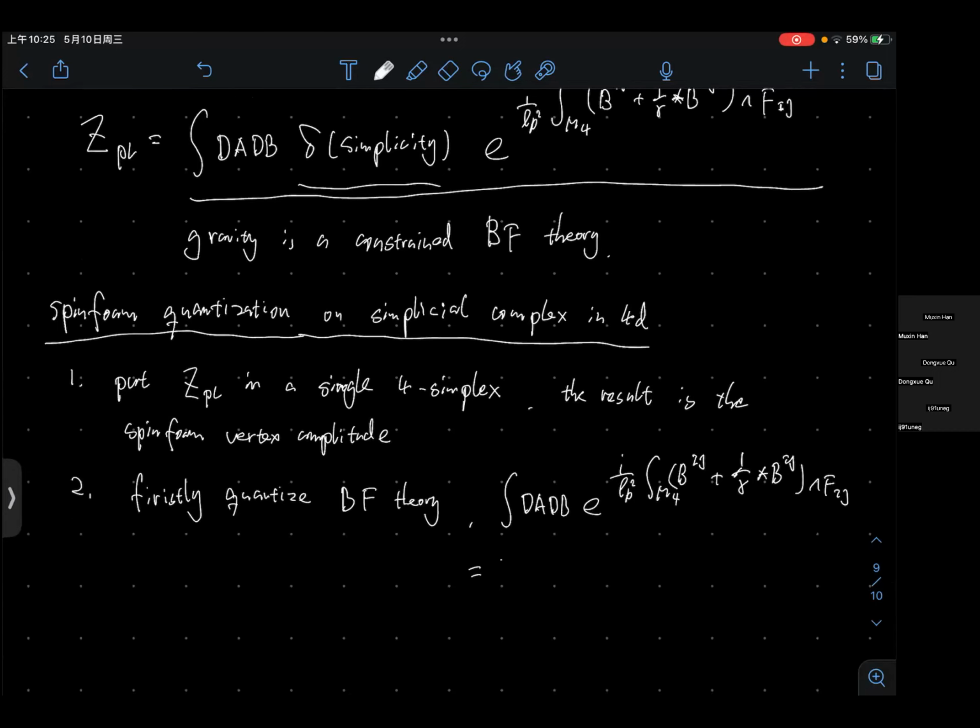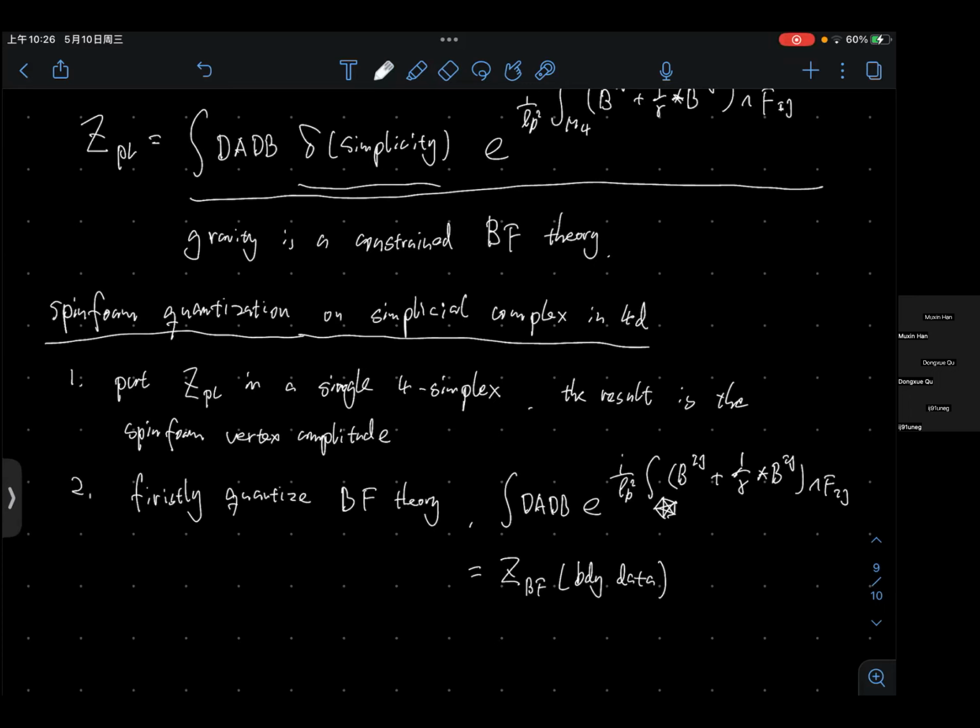So the result is a partition function or an amplitude of BF theory depending on certain boundary data. Because this path integral is put not on the entire M4, but on a 4 simplex, and the 4 simplex has a boundary, and this path integral depends on the choice of boundary data.